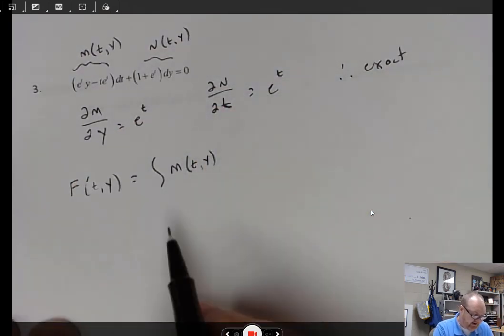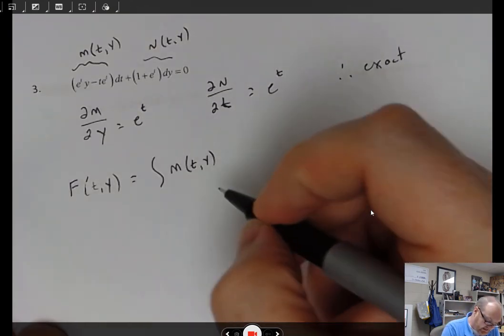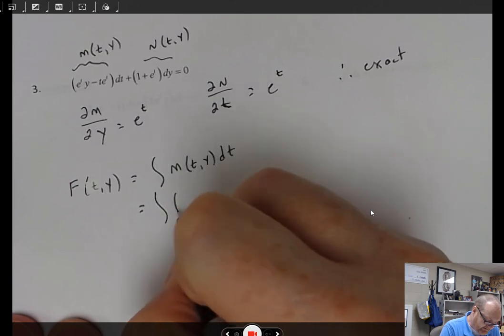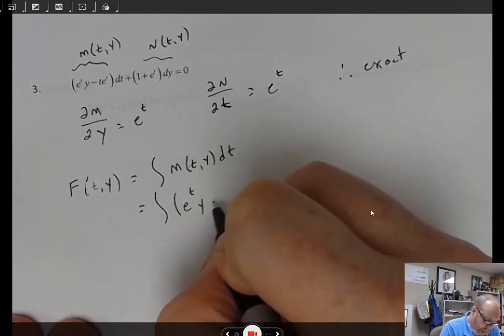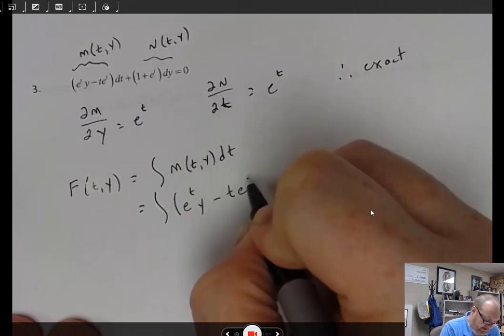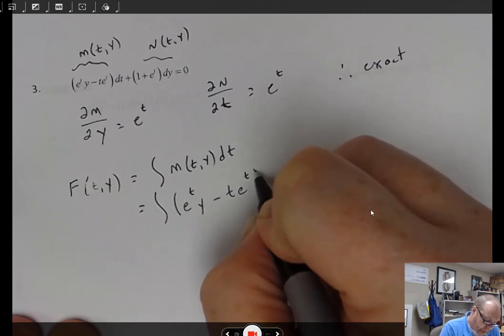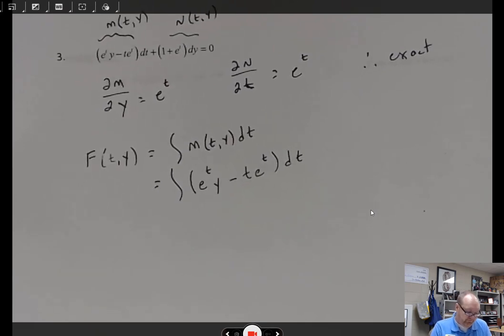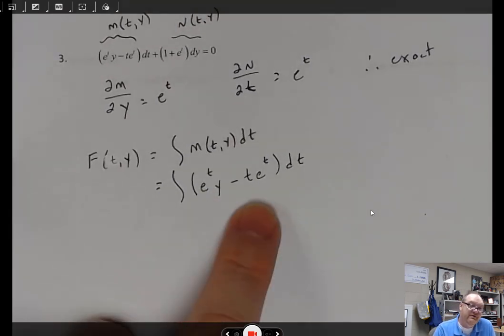And I'm going to integrate, first of all, with respect to t. So I'm integrating e to the t plus y minus t e to the t. This integration is really nice. This one, not so much.